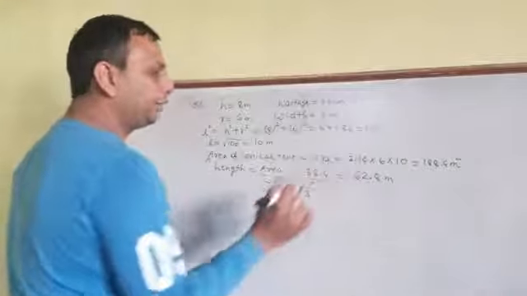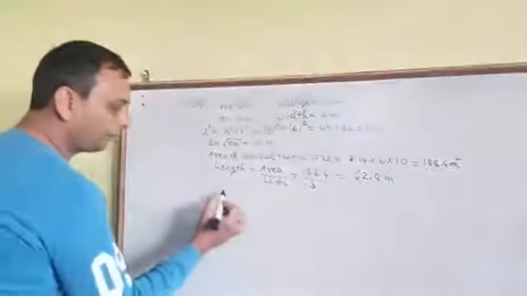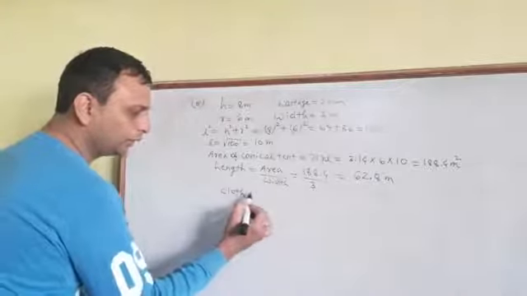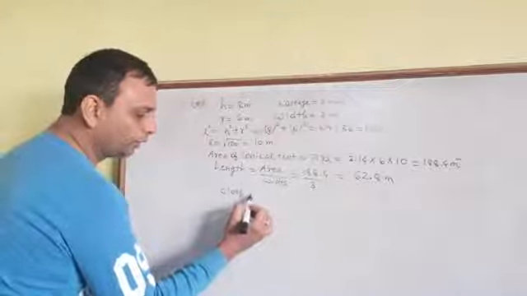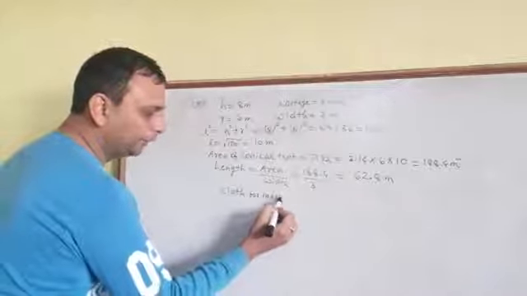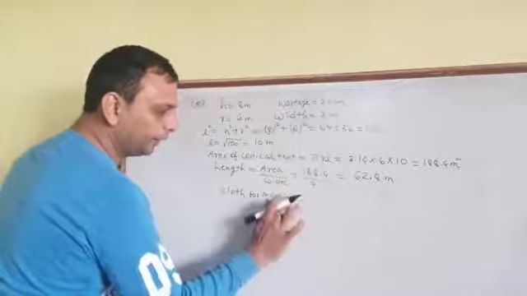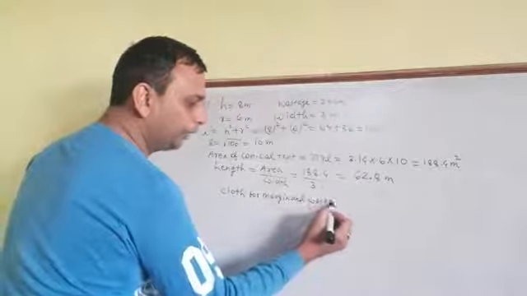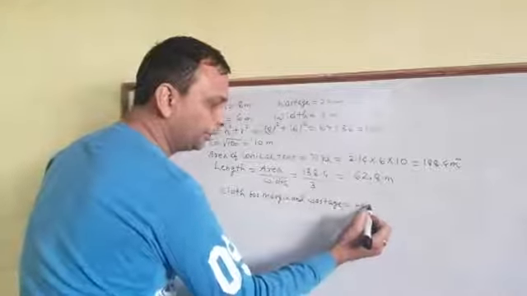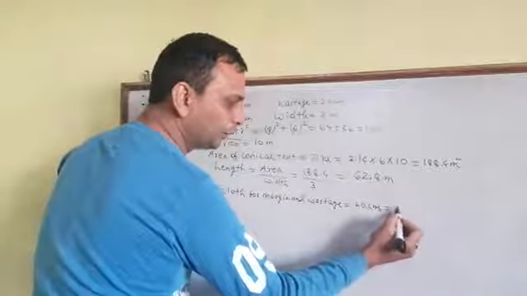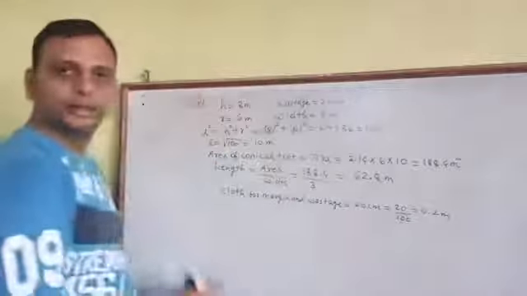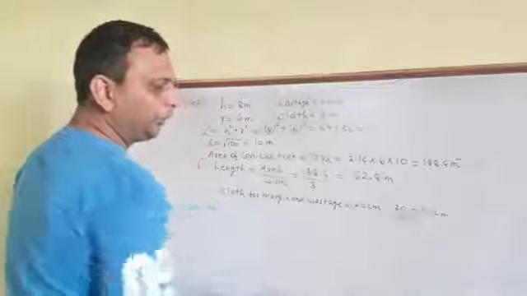So 20 centimeter is the wasted part, the cloth for margin and wastage, to be converted into meter. 20 upon 100, so 0.2 meter is the answer. This much, 0.2 meter of cloth, is wasted.